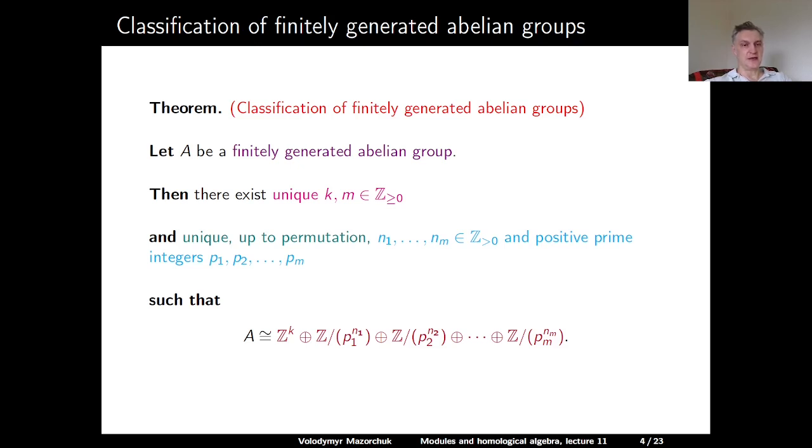The finite cyclic group of order p1 to the power n1, then the next summand is a finite cyclic group of order p2 to the power n2, and so on, and the last summand is the finite cyclic group of order pm to the power nm.